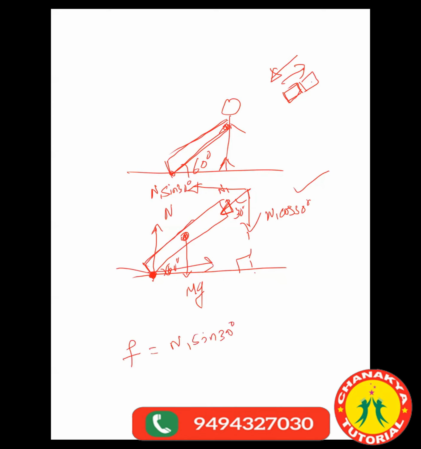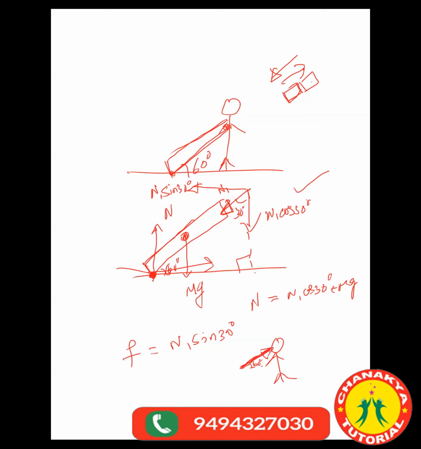And then in vertical direction, you have to write n is equal to n1 cos 30 degree plus mg. Correct? No. And now if you see the man, the normal on him is like this, and this is a 60 degree.